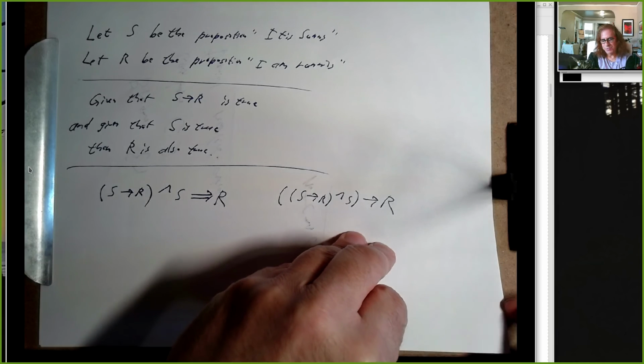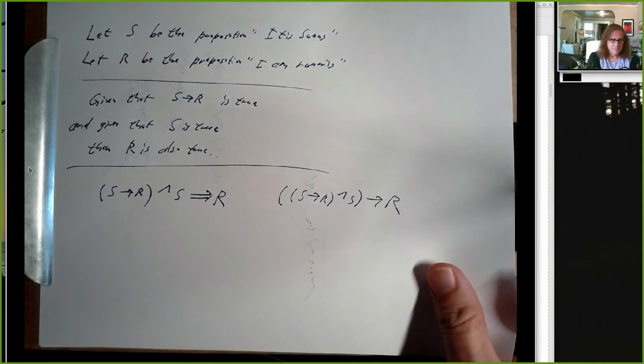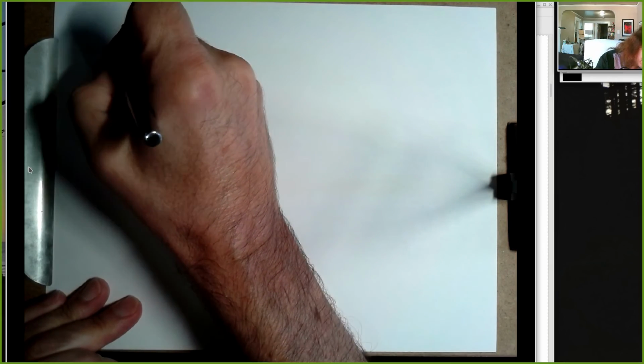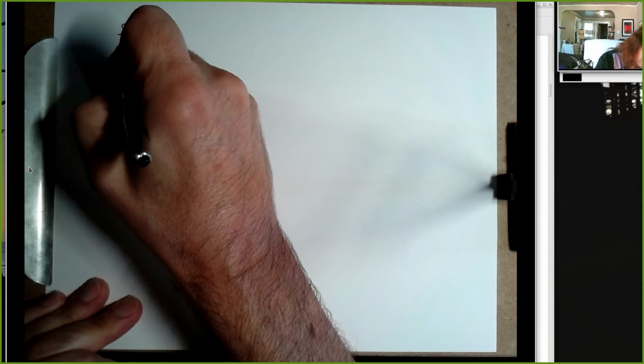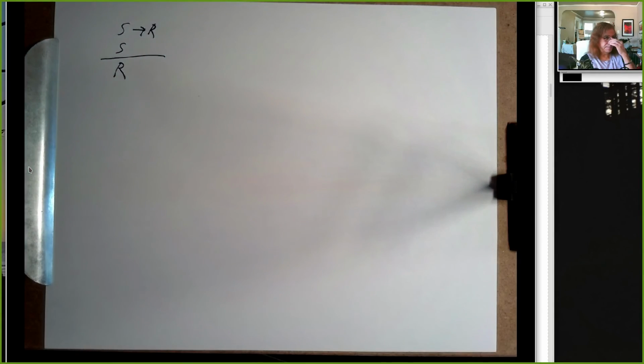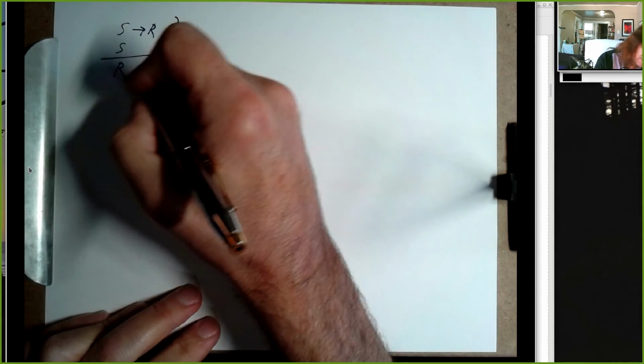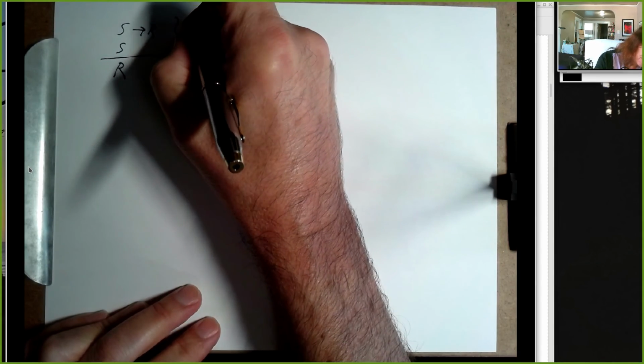And a lot of times we write this differently. We could write it like this. Okay, what does this mean? The stuff above the line are things that we are given.